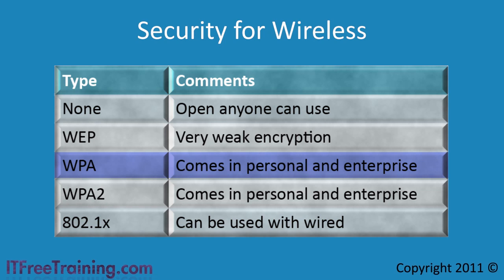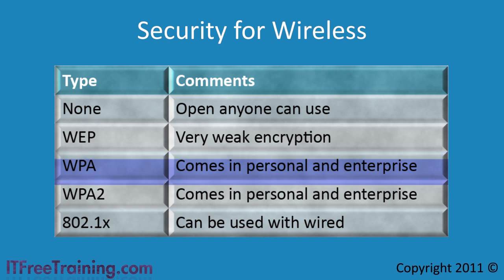The Enterprise Edition means that requests to use the device are authenticated by a server using Radius. The Radius server can communicate with other authentication systems, for example, Active Directory. If you need centralized control over access to the wireless network, use the Enterprise Edition. If you are happy just having a password on the device, use the Personal Edition.